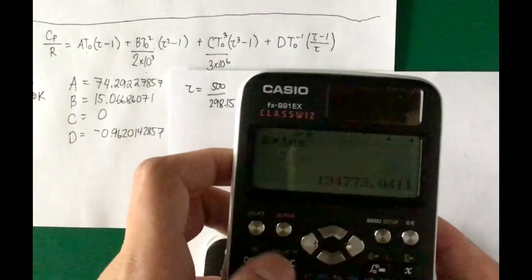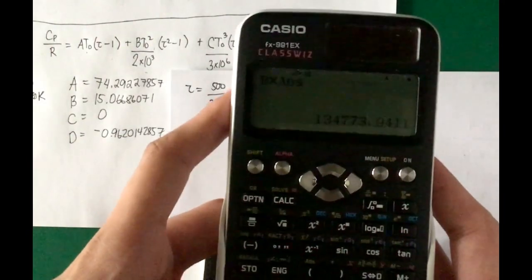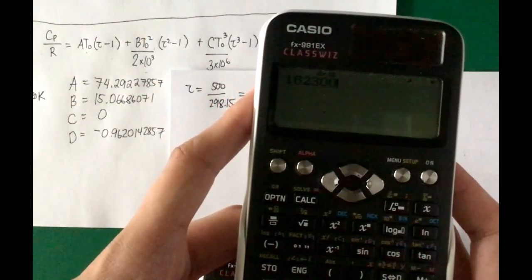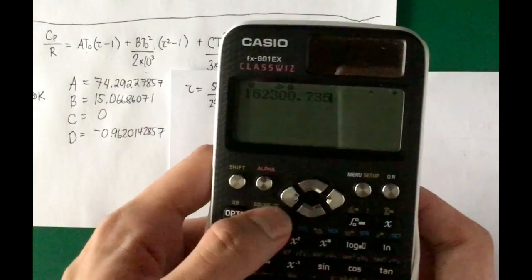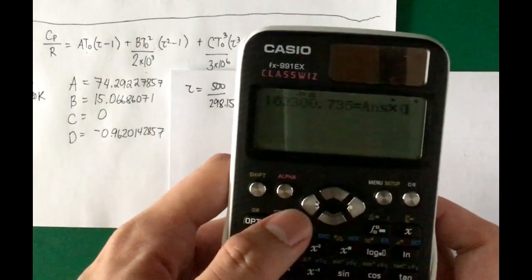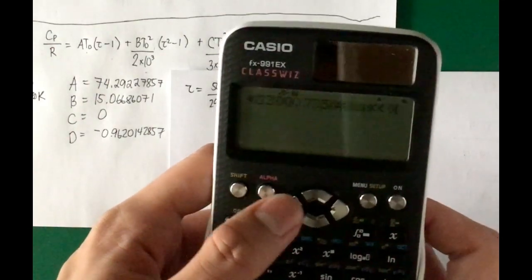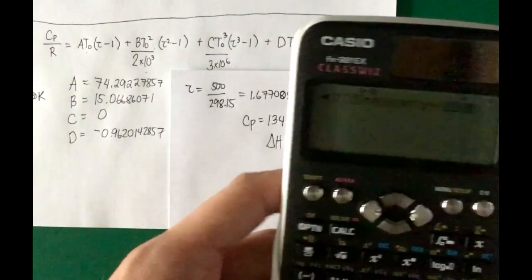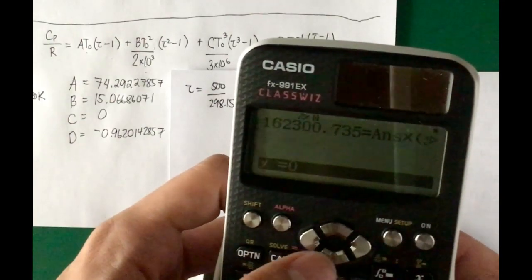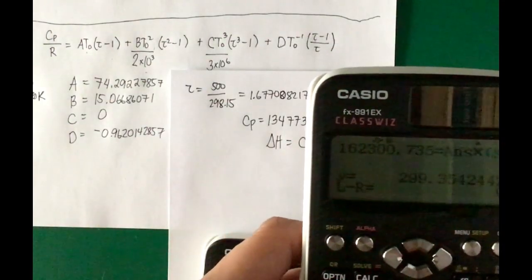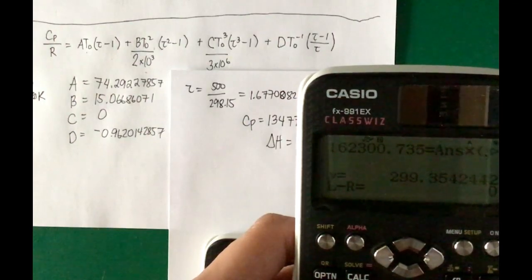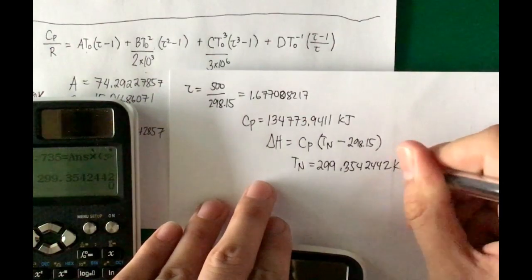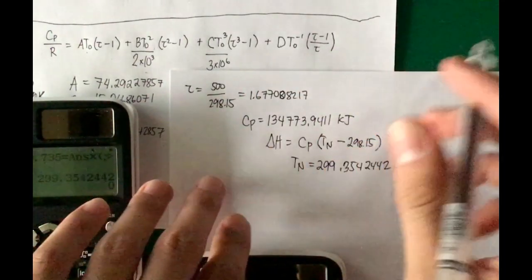I'll get our H3 from before, so that is 162,300.735, equated to the answer multiplied by a new value for temperature, which I'll designate as Y, minus 298.15. Then the new value for temperature will be 299,354.2442 Kelvin. Then we'll just do the same process over and over again.